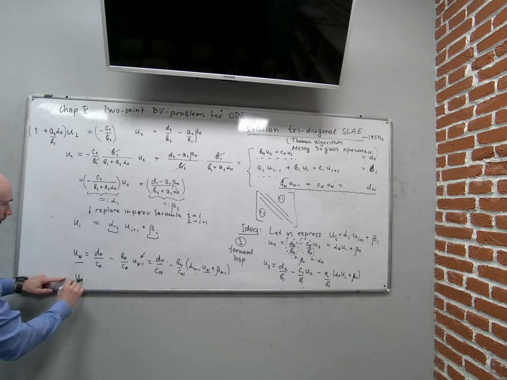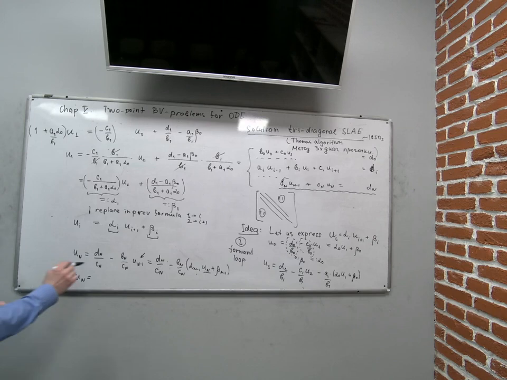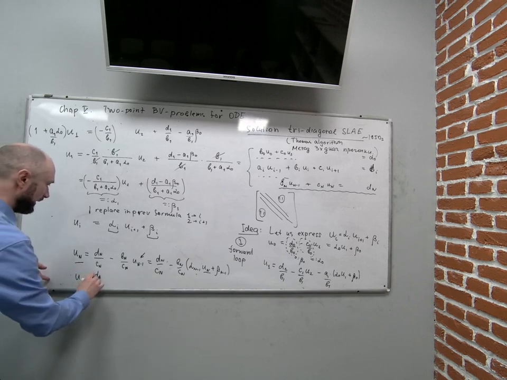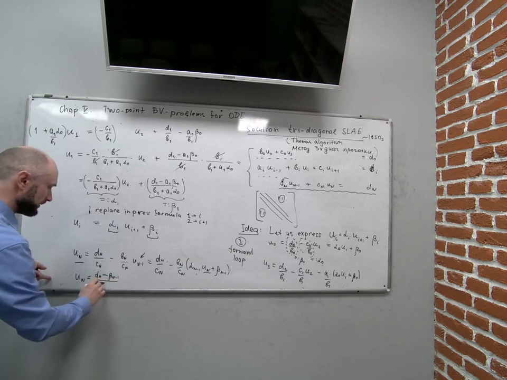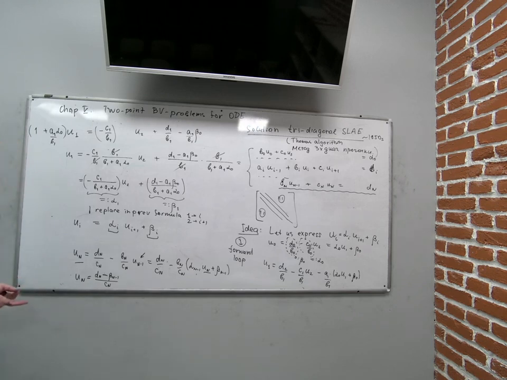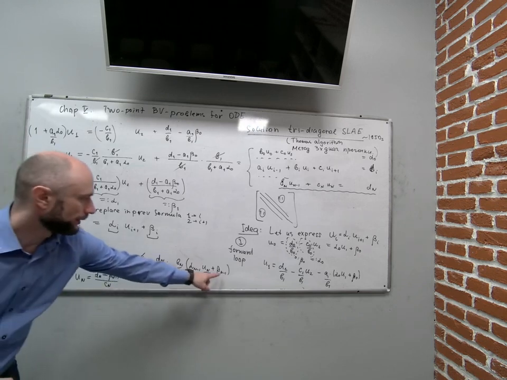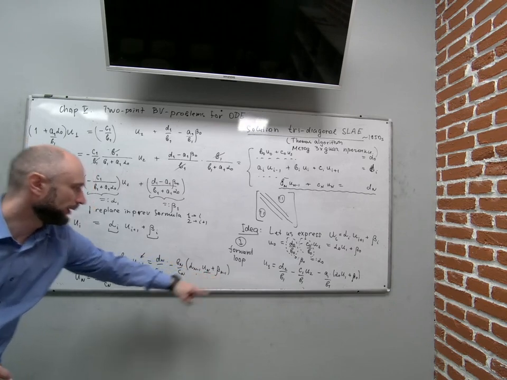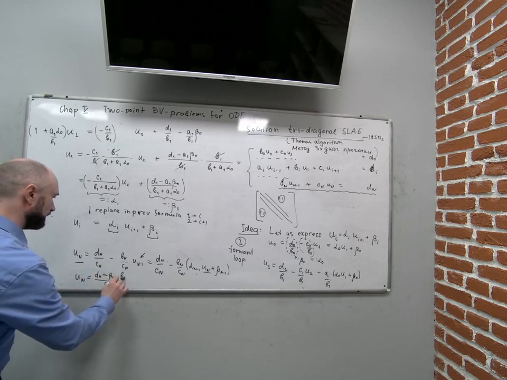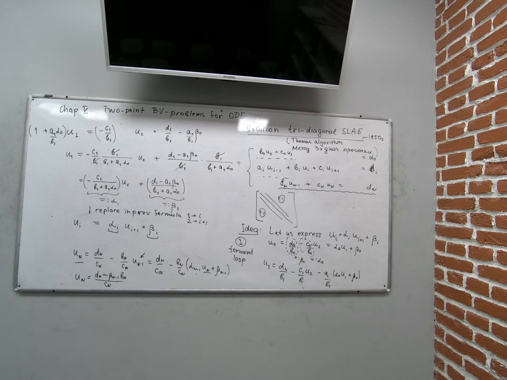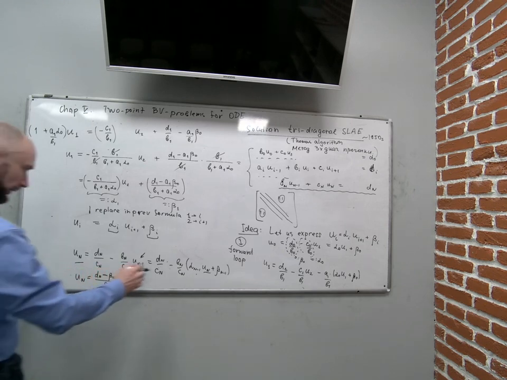Let's do it. un is equal to dn by cn. So dn minus beta n minus 1 bn divided by cn. So I just multiply this coefficient by this. And bn, I forgot bn here. Okay, this is the free term.